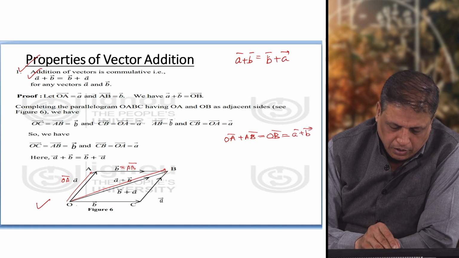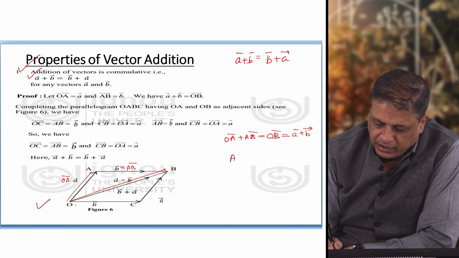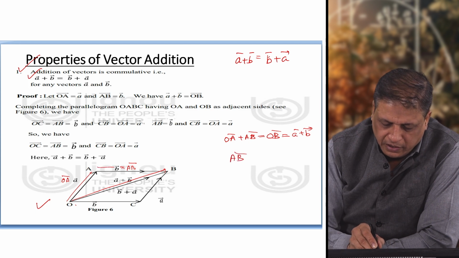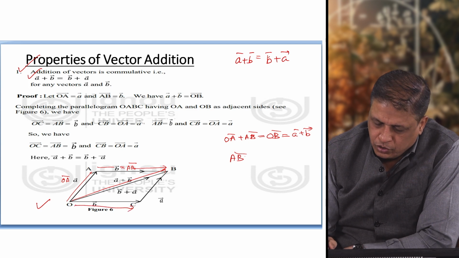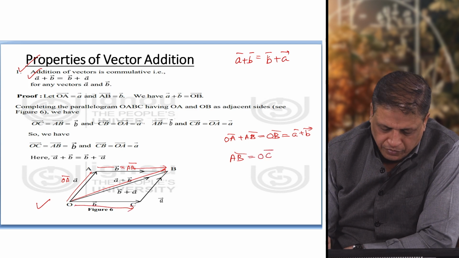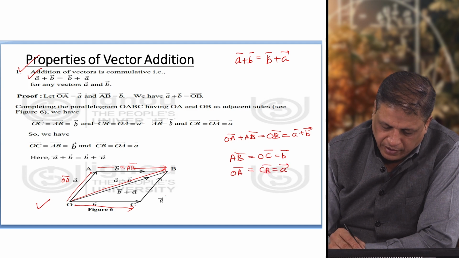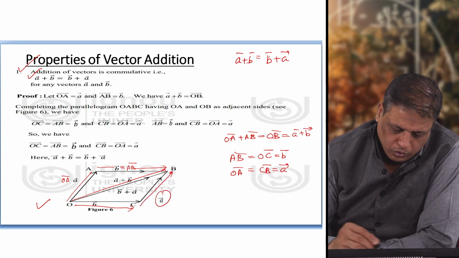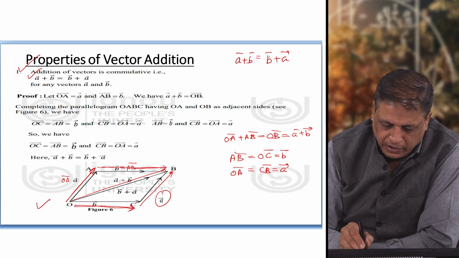Similarly, vector AB is parallel to vector OC, so vector OC is equal to our vector B, and vector OA is equal to vector CB, that is vector A, because this is parallel to this vector and this is parallel to this vector.